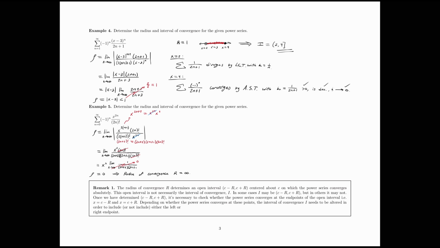Since it's independent of the value of x, x can be as large or small as it wants to be, and we still have convergence. So in effect, the radius of convergence is free to be as large as it wants to be. So we'll choose this to be infinity.